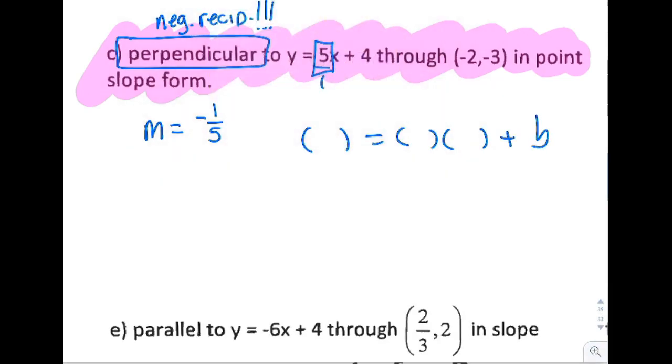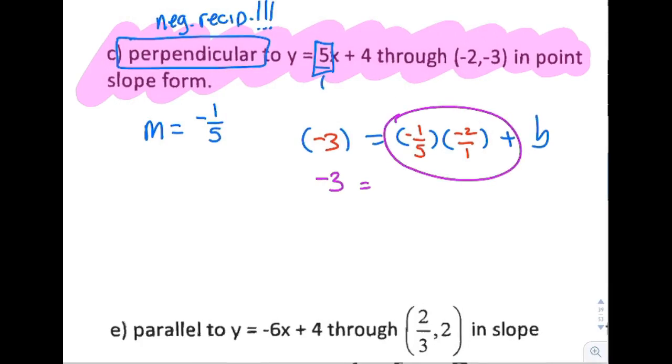The m is negative 1/5. The x is negative 2. Notice I wrote it as a fraction because I want those both to be fractions. And the y is negative 3. So I have negative 3 equals, now you're going to multiply these on your calculators. Negative 1/5 times negative 2 over 1 is going to be positive 2/5.